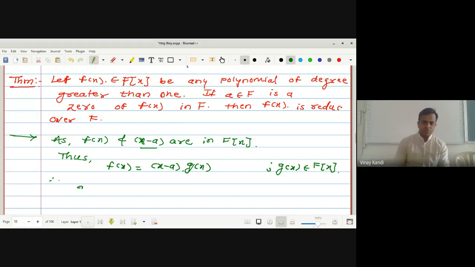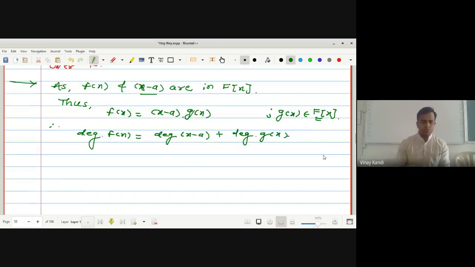Therefore the degree of f(x) is equal to degree of (x minus a) plus degree of g(x). Why? Because F is a field. Which implies degree of f(x) is equal to 1 plus degree of g(x).